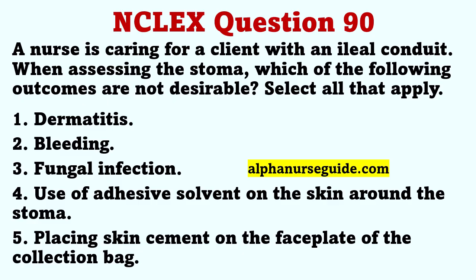The nurse and client should avoid irritating the stoma. Adhesive solvent should be used on a gauze pad to remove old adhesive and should, therefore, not contact the stoma directly. Only a minimal amount of skin cement is applied to the faceplate of the collection bag and skin to secure the appliance over the stoma, so obstruction of the stoma by the cement would not be possible if correct technique is followed.